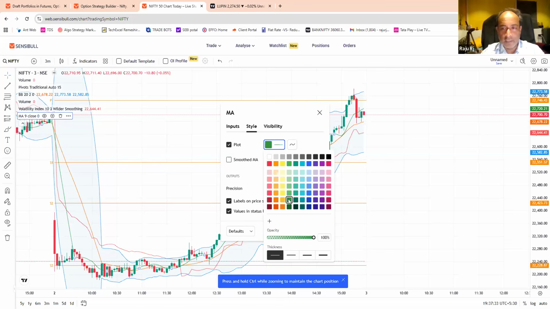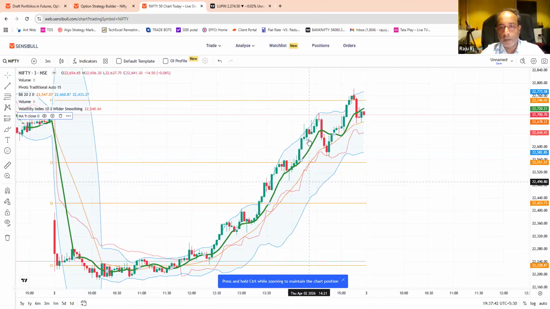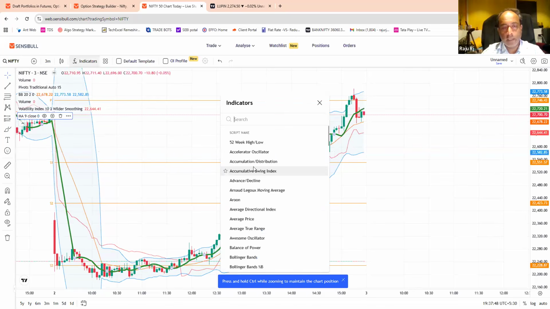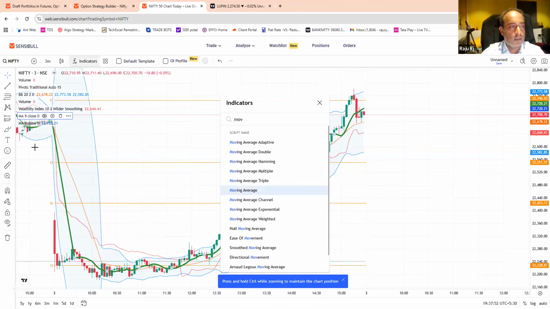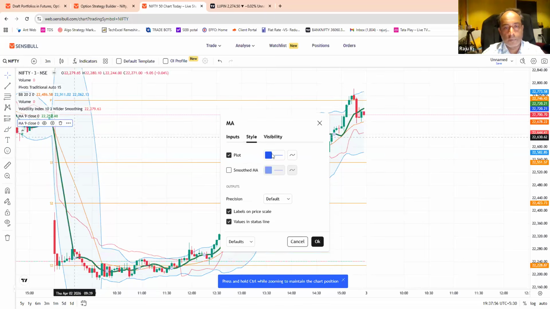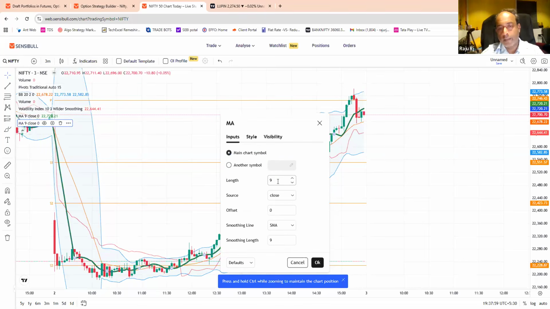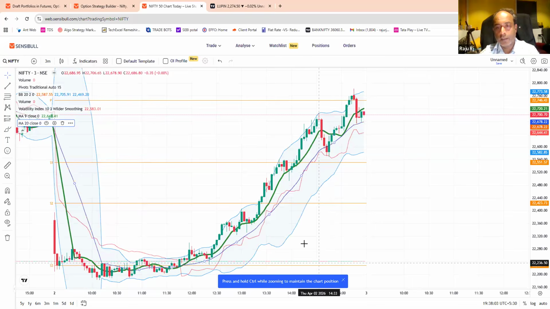If you see the moving average, if it is above the moving average, or you can add one more moving average with a different time frame. You can go and tap 20, 9 crossing 20.